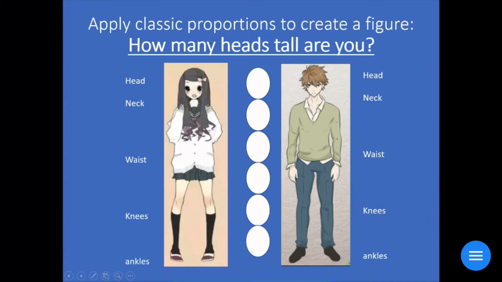Halfway down, right around in here where it's split in the middle, 3 on top, 3 on bottom, would be approximately where your waist would be. If we go down here, about the middle of this 5th head might be up close to where your knees would be. And then down here at the bottom, your ankles and feet. And this is just a general one. There are small variations, but most people fit into this category pretty easily.